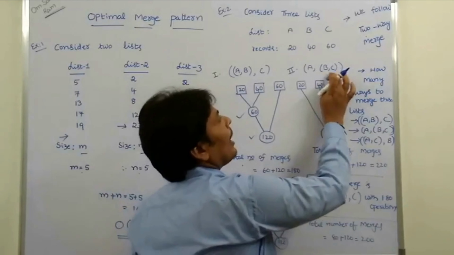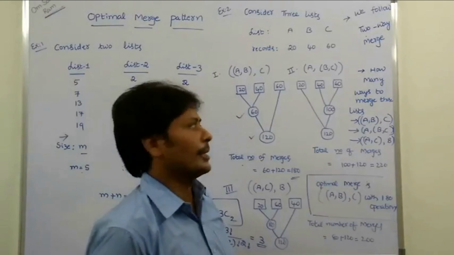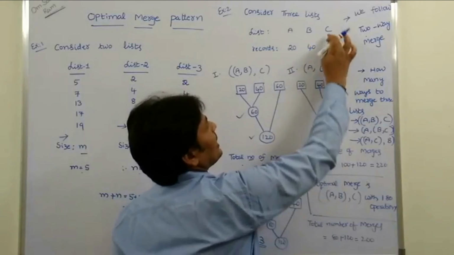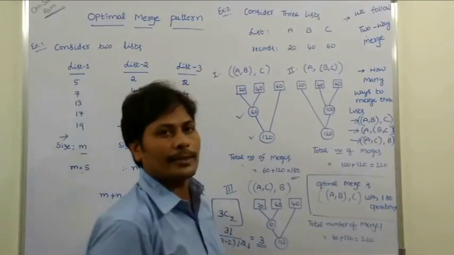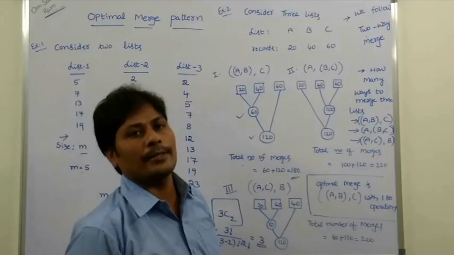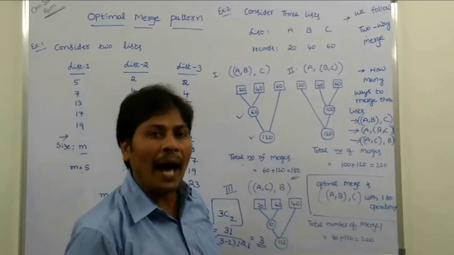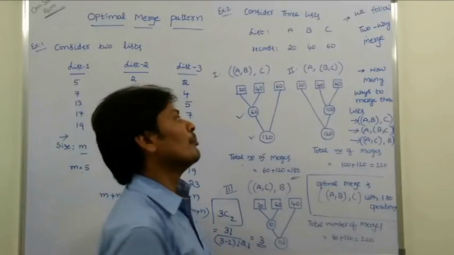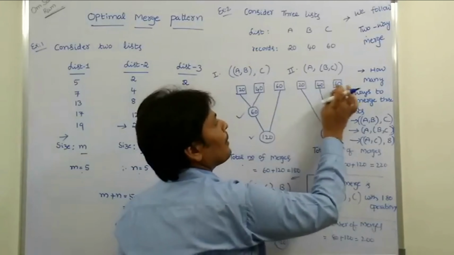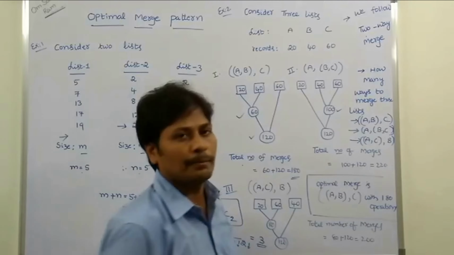Next, second alternative. First B and C lists are merged. List B contains 40 records, list C contains 60 records. The number of comparisons required to merge list B and list C is 40 plus 60, that is 100.